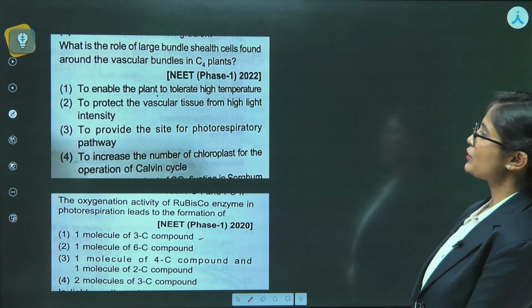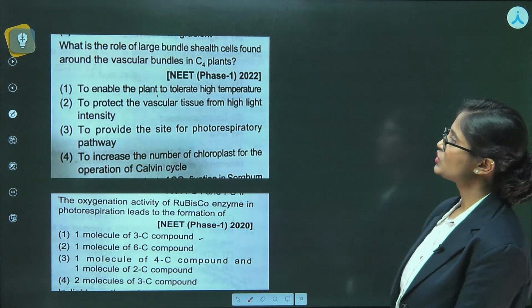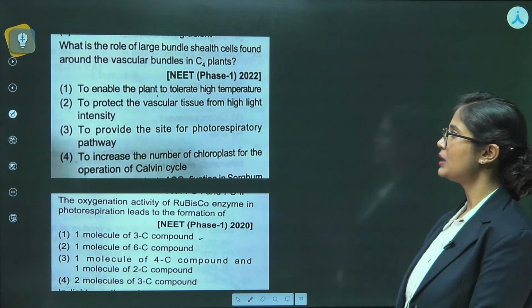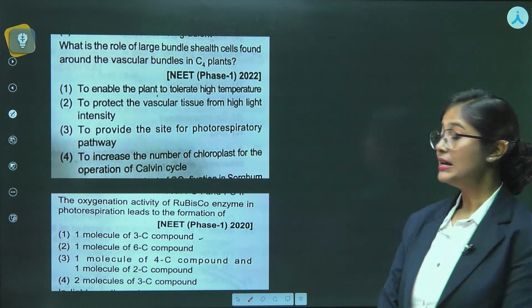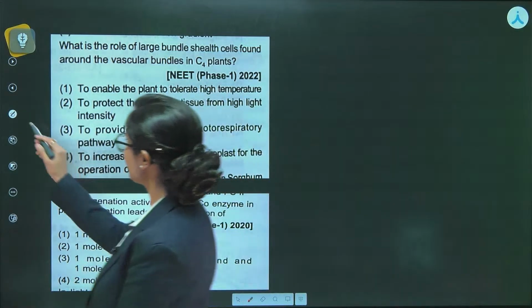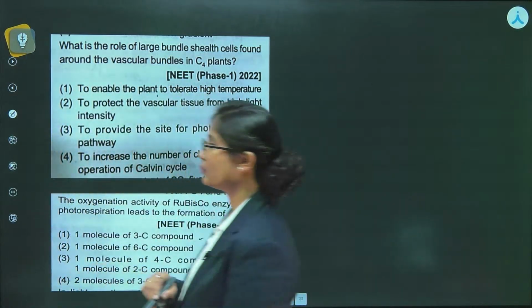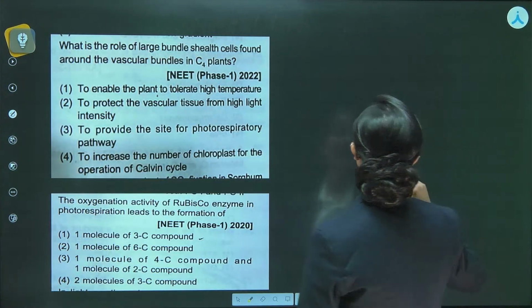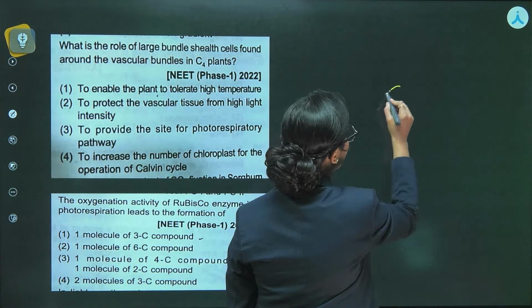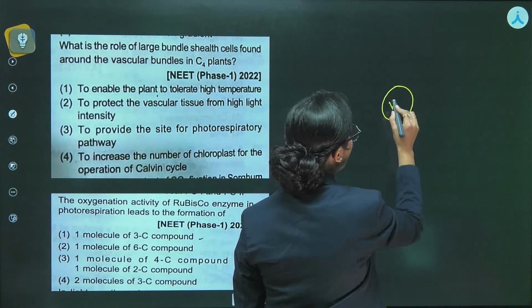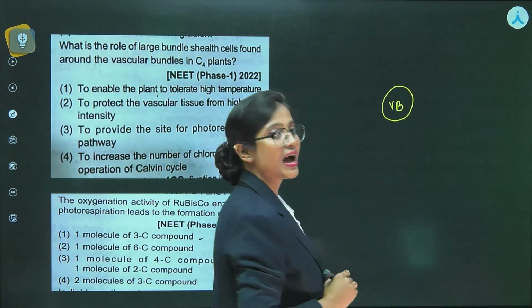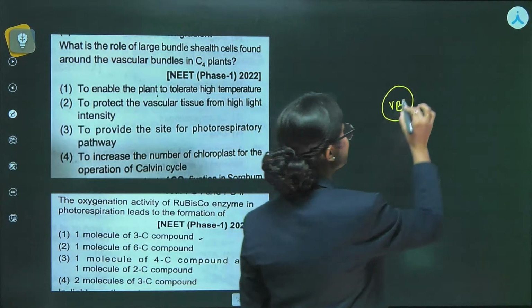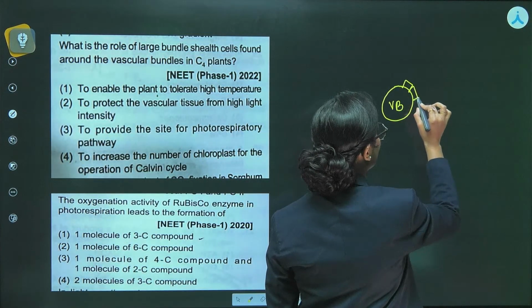Now let's see, what is the role of large bundle sheath cells found around the vascular bundles in C4 plants. C4 plants में एक बहुत ही beautiful anatomy होती है, which is known as Kranz anatomy, which is also known as wreath arrangement, where the vascular bundles, I am writing VB for that, are surrounded by bundle sheath cells like this.